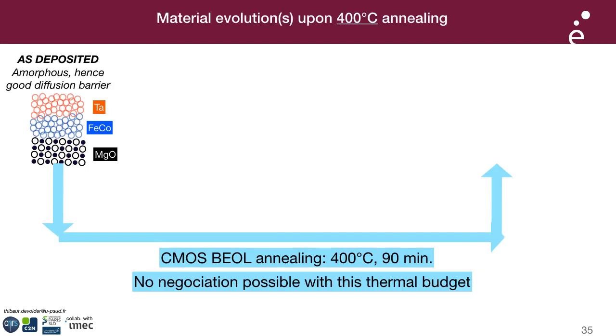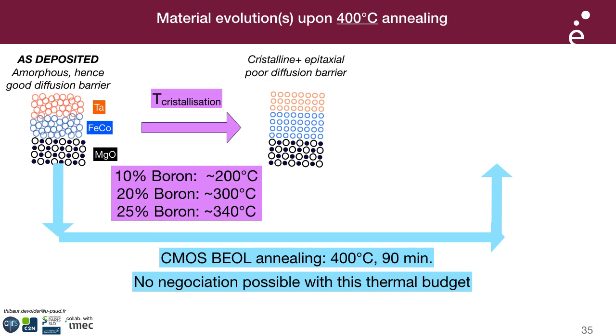Because STT-MRAM is embedded into CMOS, it has to undergo the CMOS back-end of line annealing, which is 400 degrees C for a long time. And there's absolutely no negotiation possible with this thermal budget. So when you anneal this as-deposited state, it will crystallize at a given temperature that depends on the boron content.